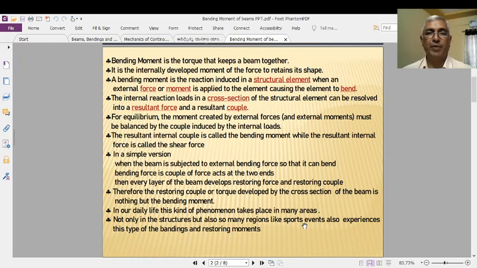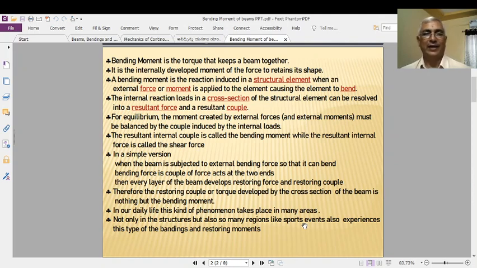Therefore, bending moment is numerically equal to the restoring moment, which is developed inside the material. That is our vision of this particular topic.